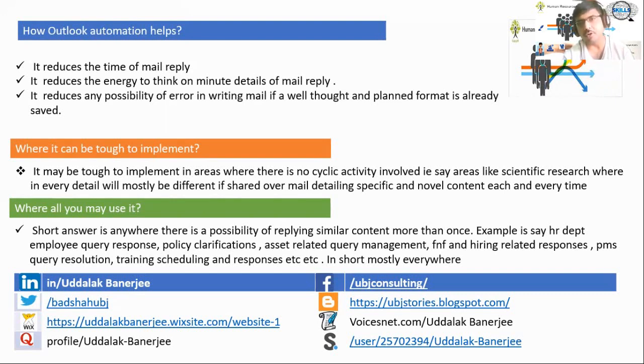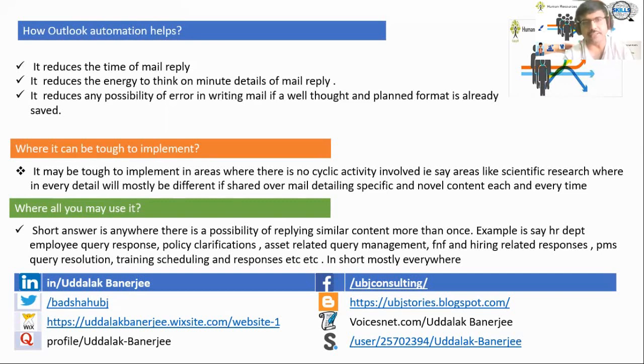Everything will be novel and unique every time, because scientific research continually evolves, and different stages will need to be discussed. Somebody, some scientist, is writing some mail to another scientist or some administrative authority. In that scenario, this will not be very helpful.